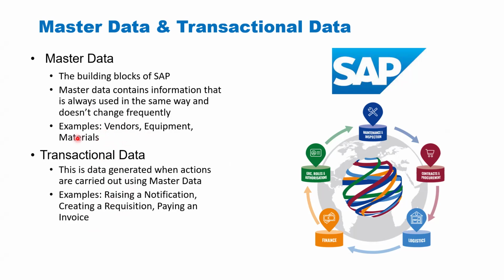So if you are going to purchase a material, and material in this case is master data, you are going to do a transaction, right? An example here is raising a notification, creating a requisition, paying an invoice. You can see that these are actions. These are verbs and these are objects, right? So master data equals objects, transactional data equals actions or activities or transactions as some people like to call it.